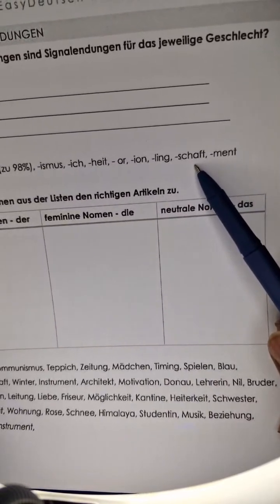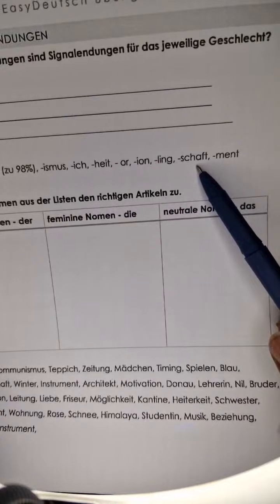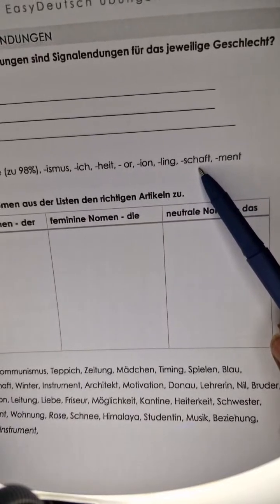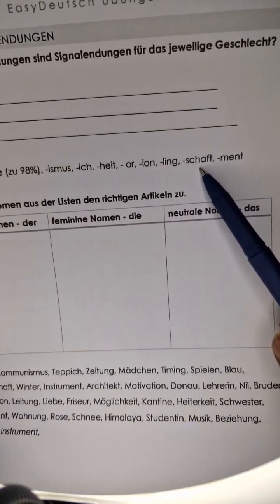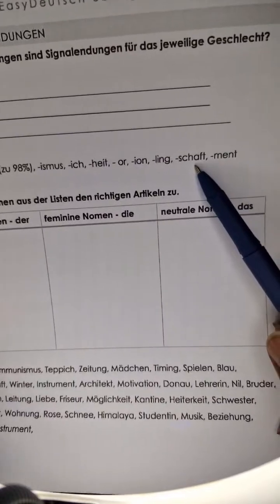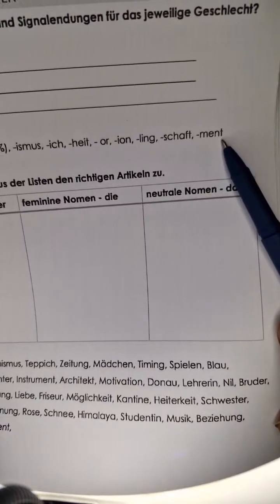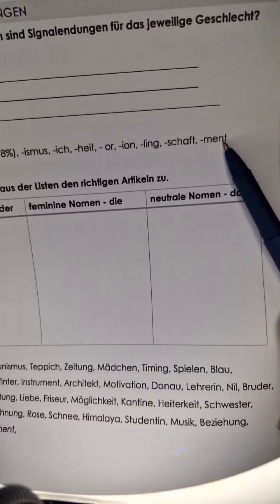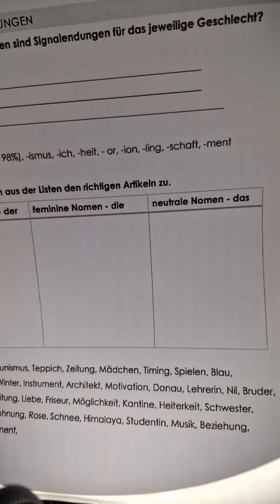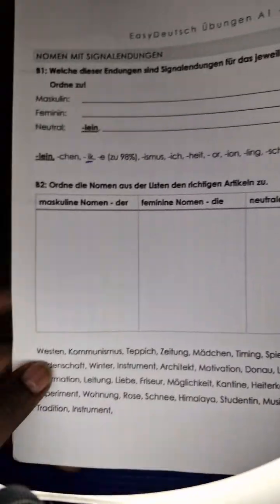This is feminine. Schaft. Die Freundschaft. Die Wissenschaft, and so on. And then lastly, ment. Ment is for neuter. Das Medikament, das Instrument, and so on and so forth.